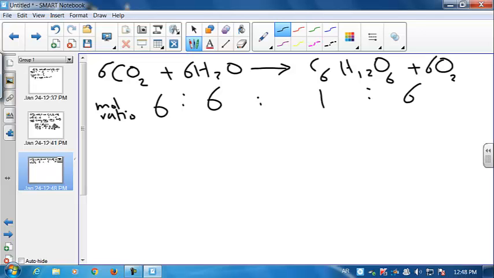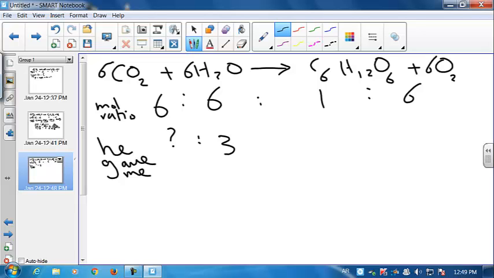And now after I make the balanced chemical equation and I put the mole ratio, I started to see what exactly he wants. He wants the mass of carbon dioxide that reacts with the 3 moles of water. So carbon dioxide to water, 6 to 6 means 1 to 1. He gave me 3 moles of water. So 3 moles of water react with how many moles of carbon dioxide?